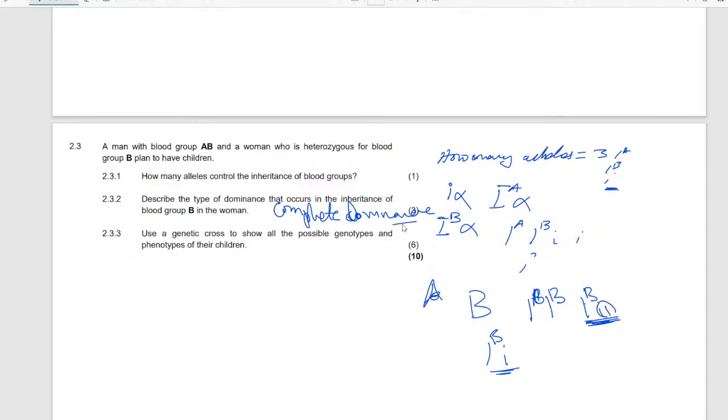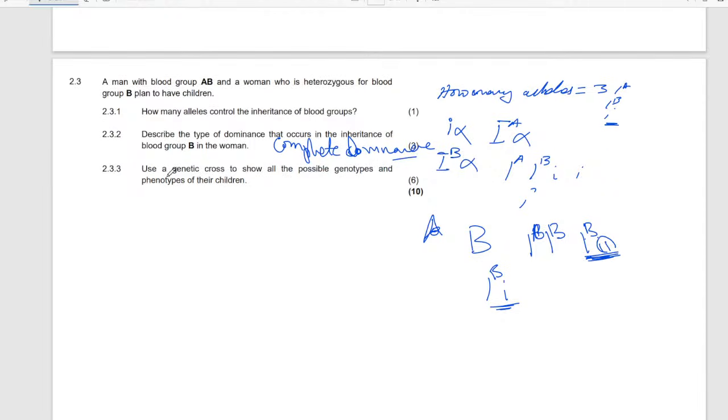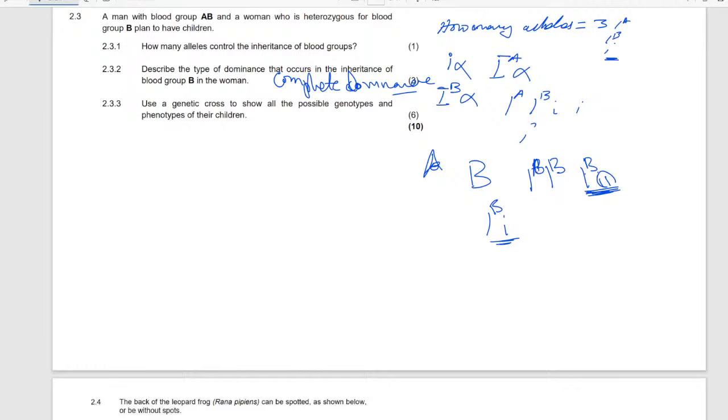Use the genetic cross to show the possible genotypes and phenotypes of their children. You go for the same procedure, and I've shown you how to mark this. You come here and say P1. P1 means parent 1, phenotype, and then you tell us.